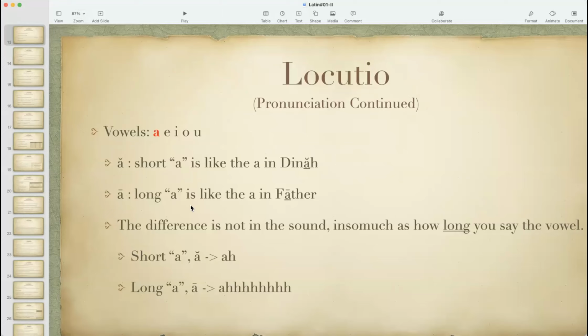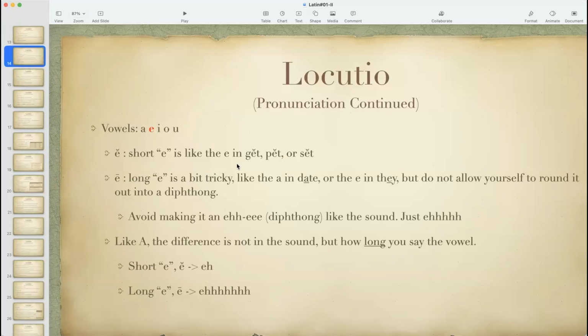So the short A is an ah, and the long A is an ah, stretched out. So dina, father. Okay. But that's not true of all the vowels. The short E is like get, pet, or set.